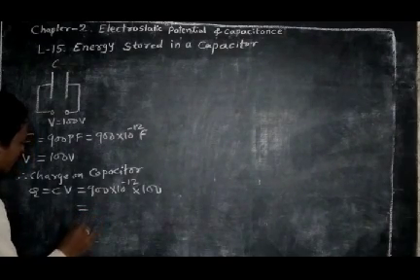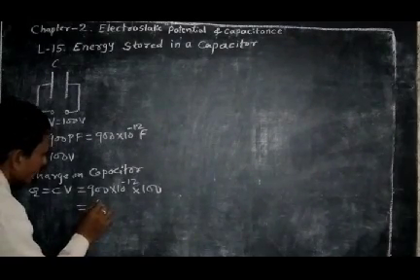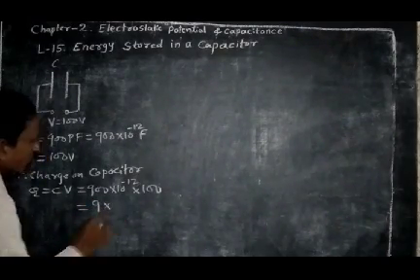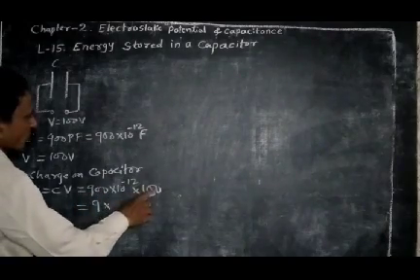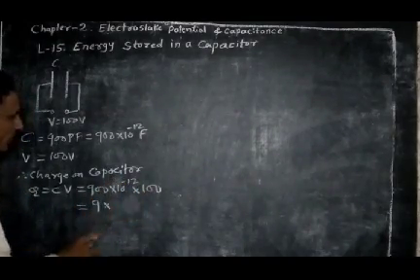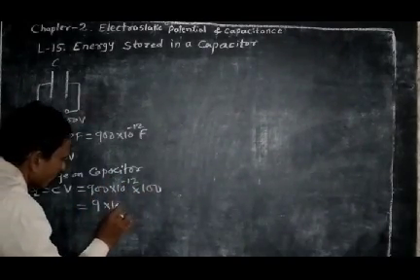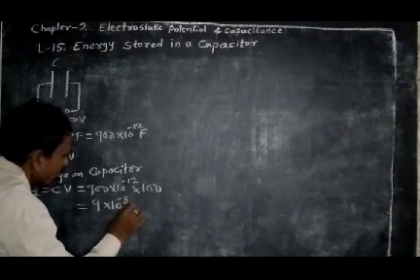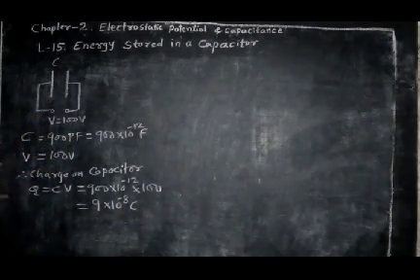That is equal to 9 into 10 raised to plus 4, 10 raised to minus 12, which is equal to 10 raised to minus 8 coulomb charge acquired by the capacitor.